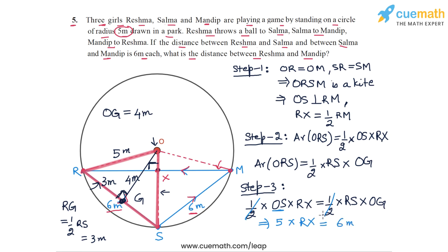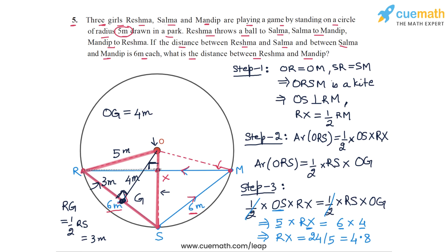The length of the chord RS is 6 meters. So let's just write 6 into OG. We just saw that OG is 4. So 5 into Rx is 6 into 4. So Rx is 6 into 4 by 5, or 24 by 5, which is equal to 4.8. So Rx has a length of 4.8 meters.